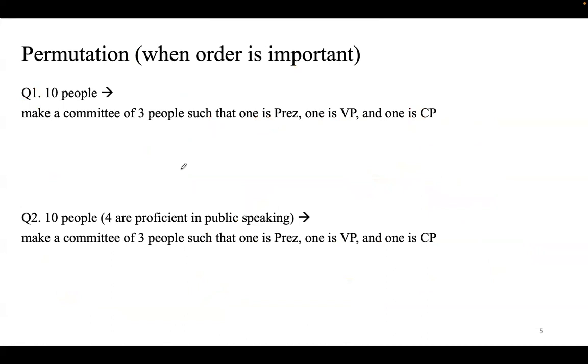Somebody being the president, vice president, and chairperson versus these 3 in a different post, they're different outputs, right? They're different orderings. So when such information is used, the order is important. So again, what is it going to be? 10p3, right?